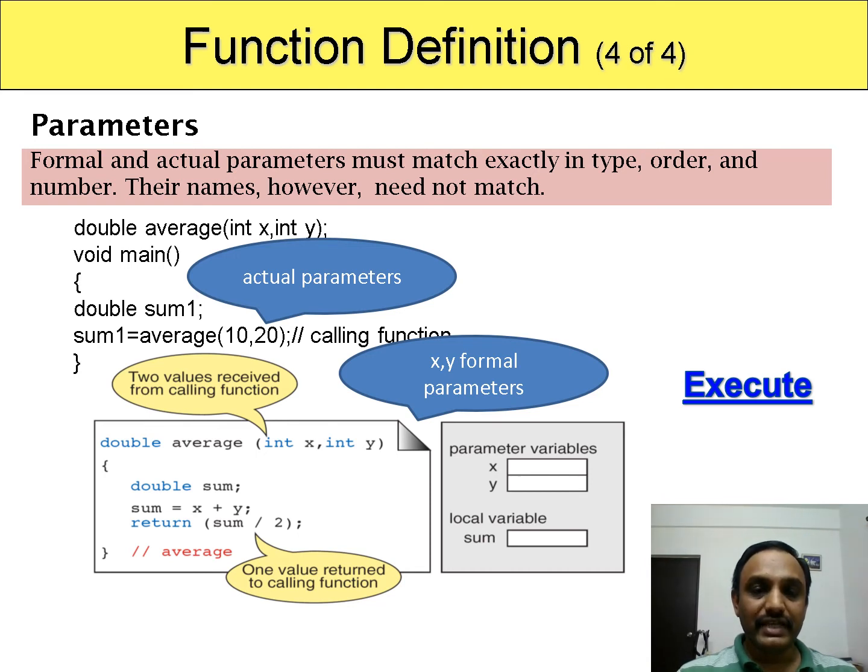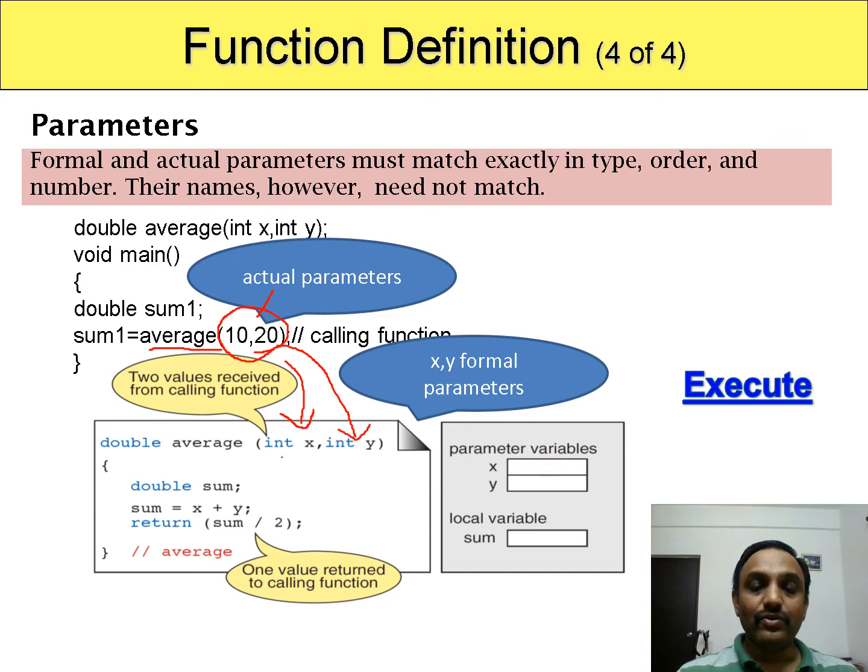Observe in this example. We are calling the function average, which is our function, with two values or two parameters. These are called actual parameters. When you call this function, control comes here. So 10 is assigned to x, 20 is assigned to y.